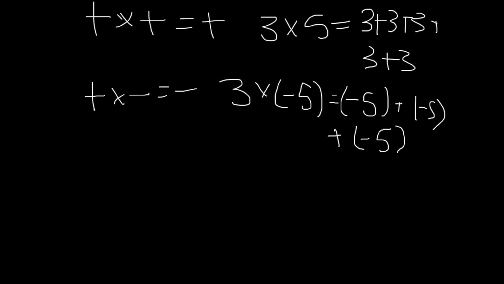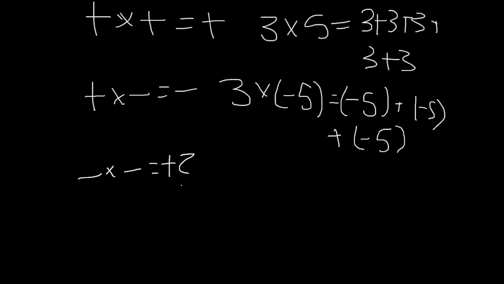So why does a negative times a negative equal a positive? I mean, a positive times a positive equals positive, right? So why shouldn't a negative times a negative equal a negative? Well, basically, 3 times negative 5 is you have 3 groups of negative 5, which is -5 plus -5 plus -5.